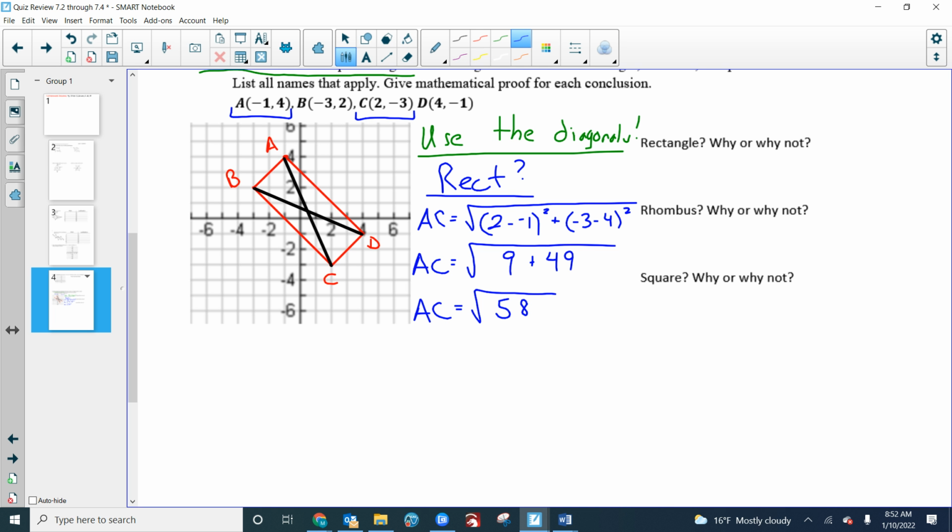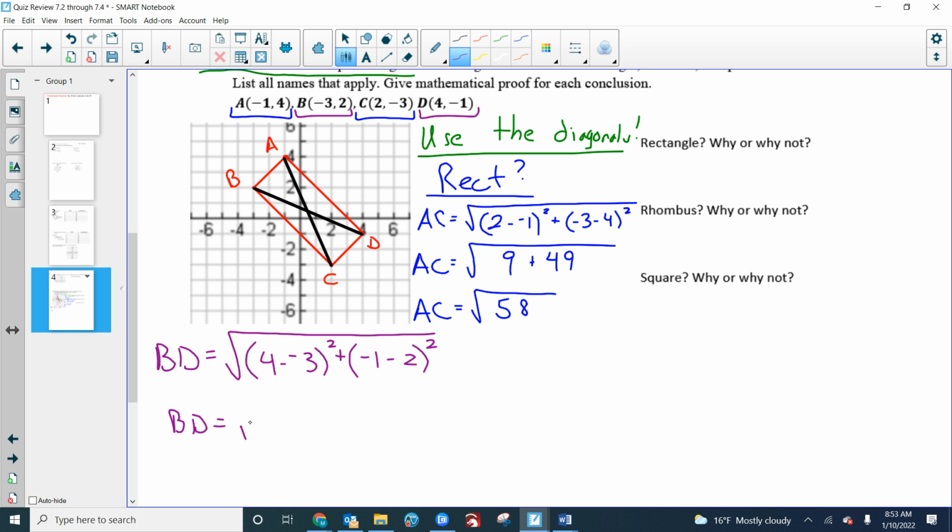So let's find the other diagonal. The other diagonal is called BD. B is here, D is here. 4 minus negative 3 squared plus negative 1 minus 2 squared. 4 minus a negative 3 is 7, squared is 49.